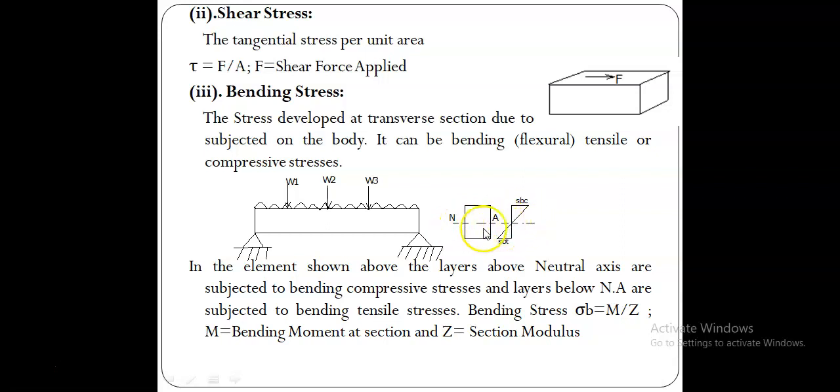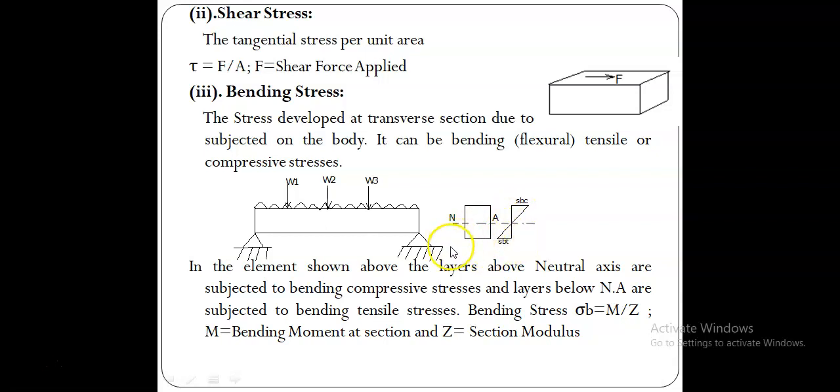Above the neutral axis, the section of this beam is subjected to bending compressive stresses. All the fibers above the neutral axis are subjected to bending compressive stresses, and all the fibers below the neutral axis are subjected to bending tensile stresses. Yes, this case may vary.